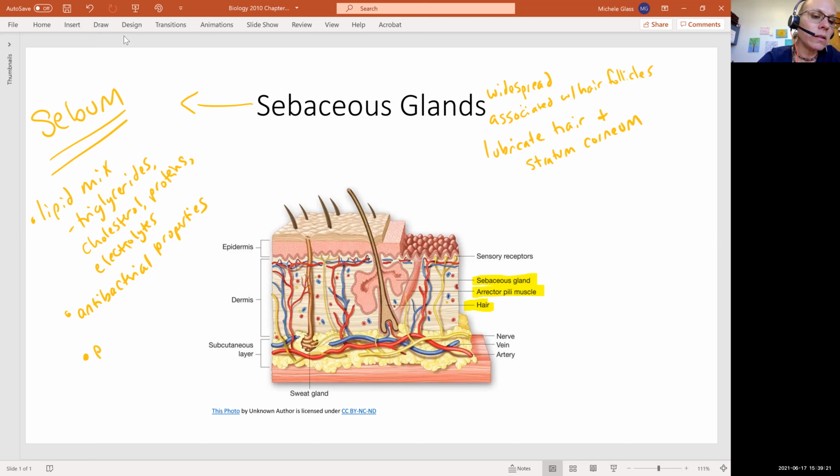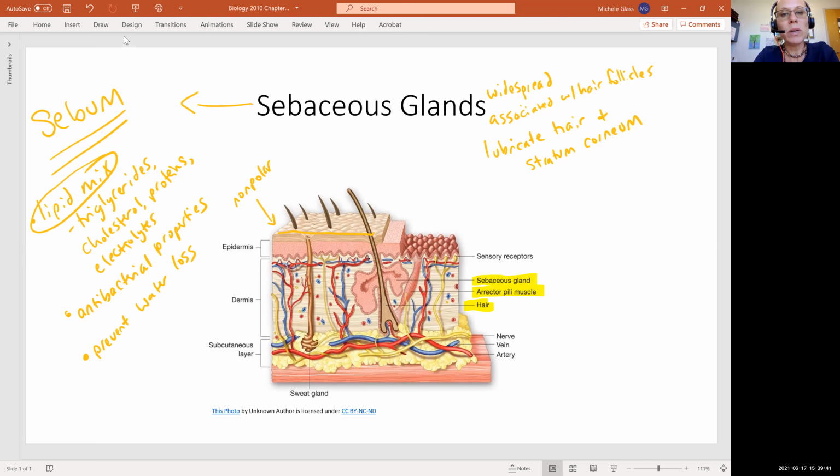And then we see it's also going to prevent water loss, right? It's going to prevent water loss because if you have a layer of sebum, if it's a lipid, that means it's going to be nonpolar.